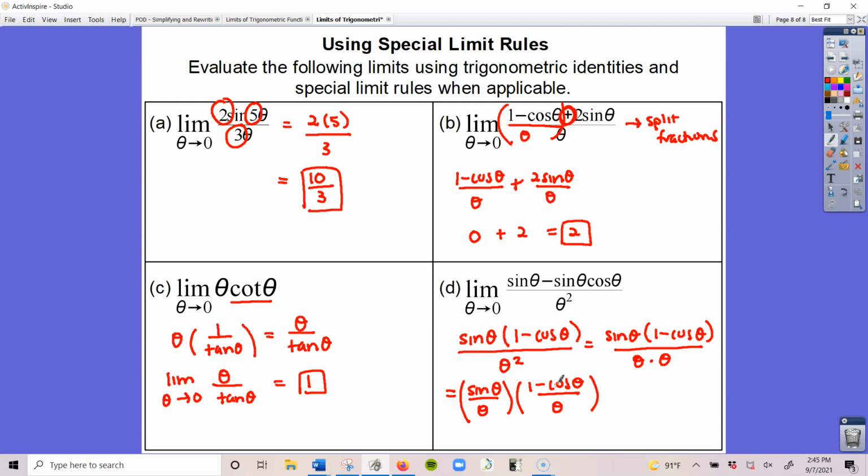Sine theta times 1 minus cosine theta gives me the numerator, and then theta times theta gives me the denominator. According to my special limits, this is equal to 1, and this is equal to 0. And 1 times 0 is 0. And that's limits of trigonometric functions.